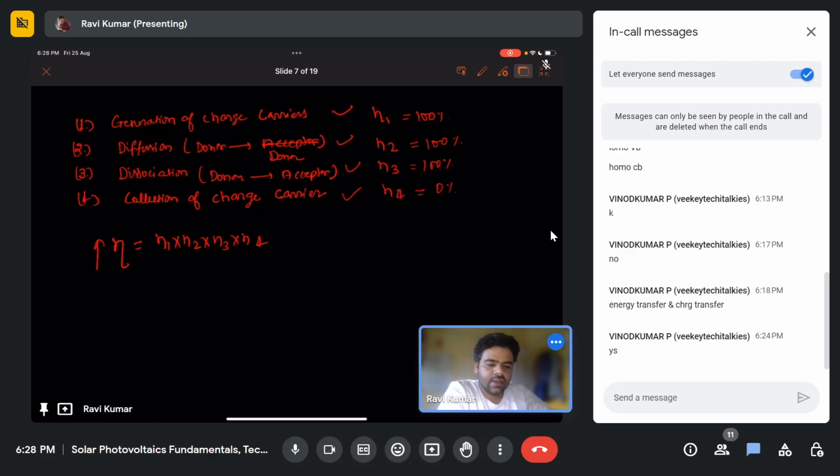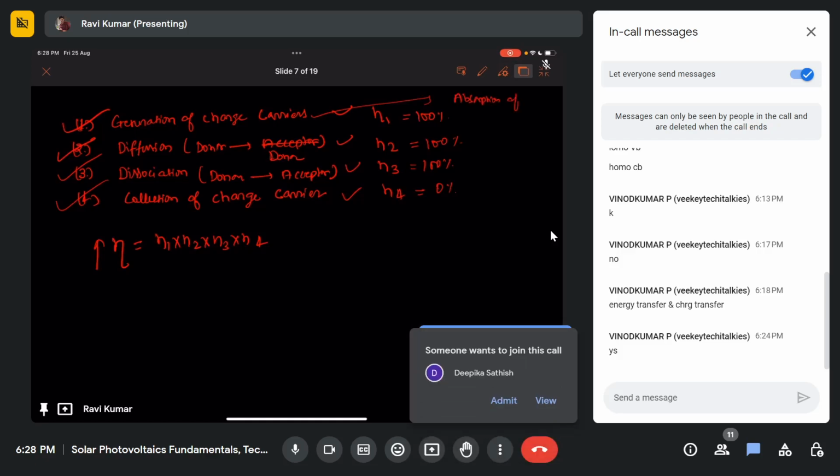We are using different materials to have more diffusion length, more dissociation, large collection of charge carriers, and to generate a large number of charge carriers. So it depends on the absorption of sunlight.